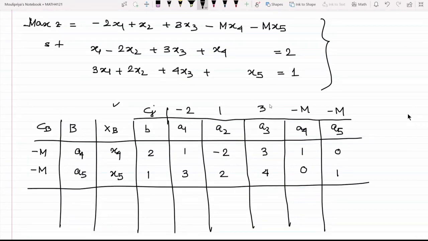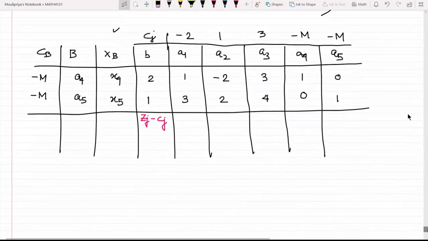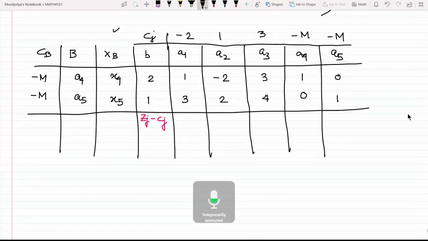The next part is calculating the index number for the columns, Zj minus Cj. So would you like to tell me what are the values Zj minus Cj for the columns? What is Z1 minus C1? Minus 4M plus 2.